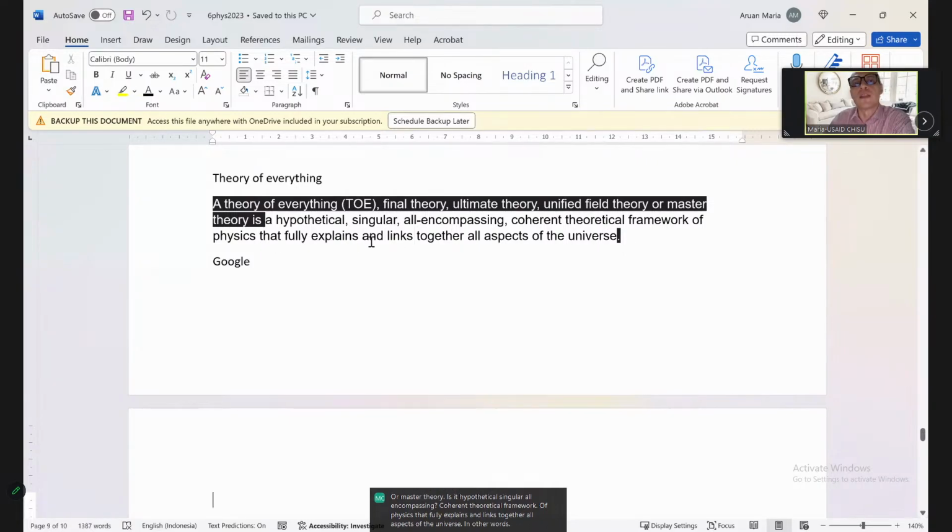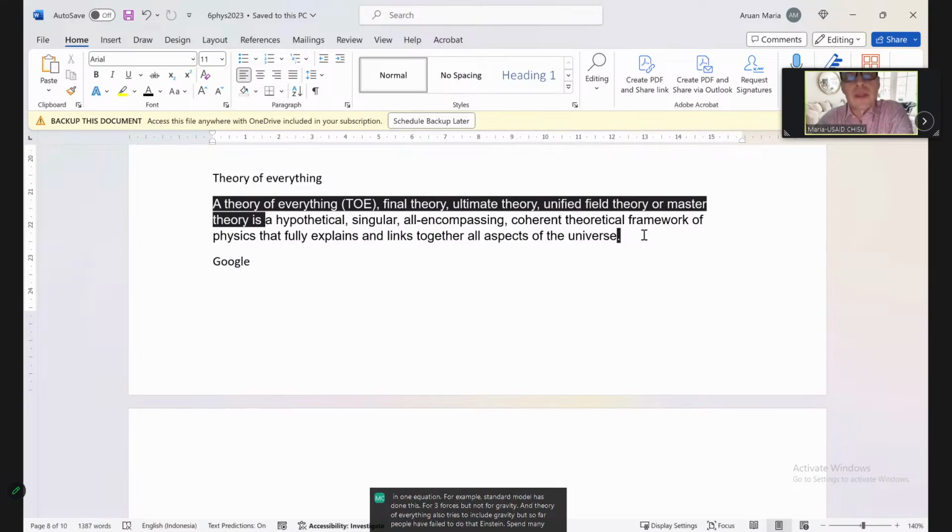In other words, it's a theory which describes all known physical forces in one equation. For example, the Standard Model has done this for 3 forces, but not for gravity.